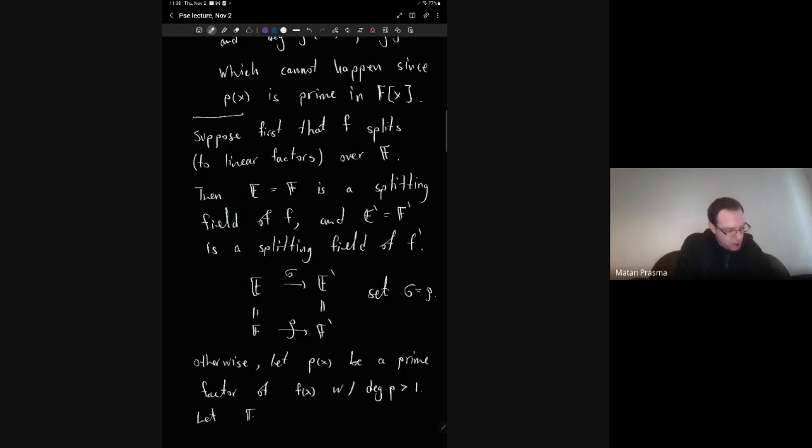I let F1 be polynomials over F modulo Px. I think our notation is this modulo p.